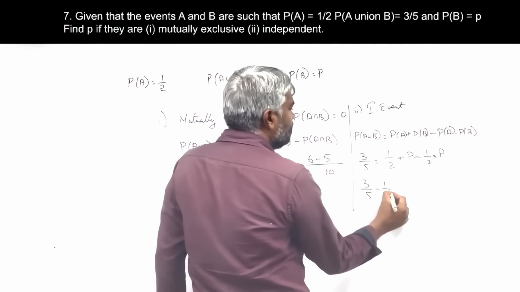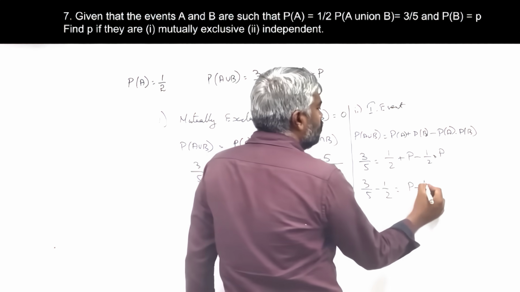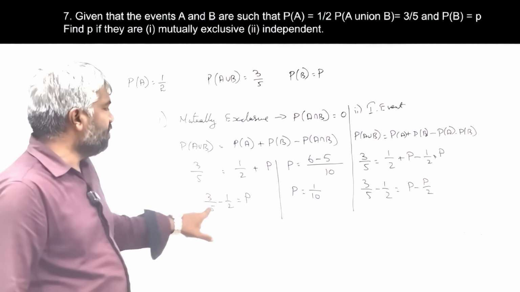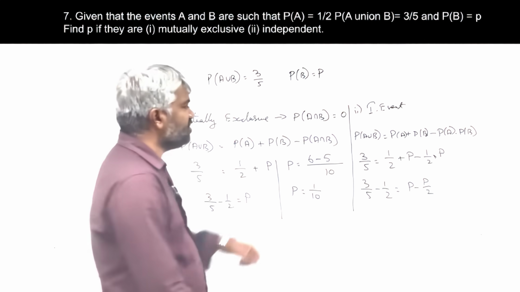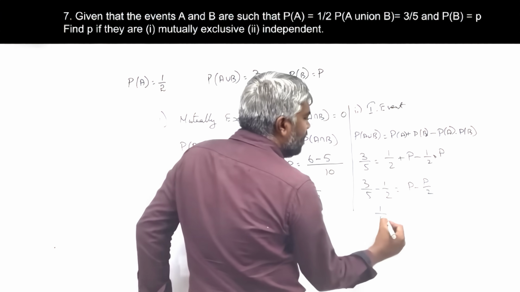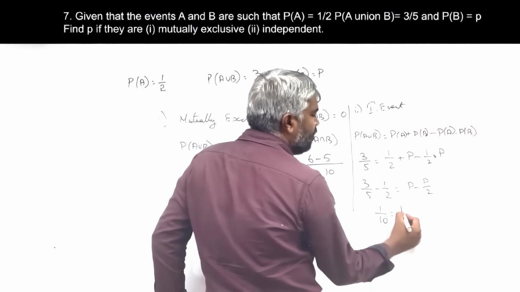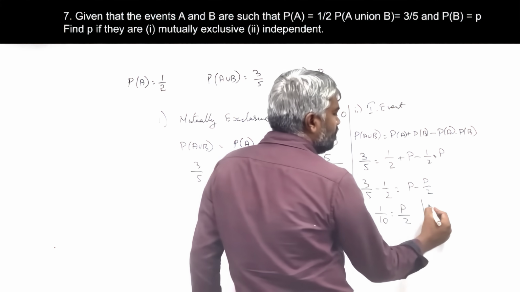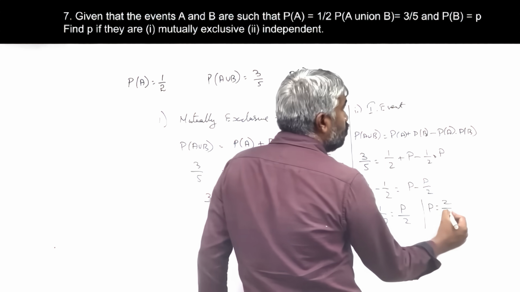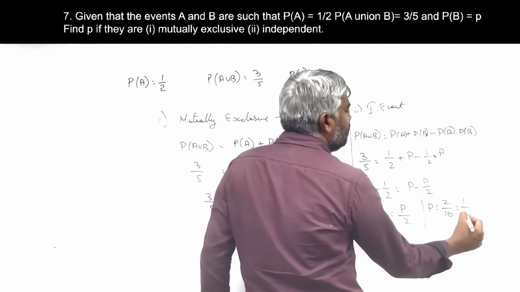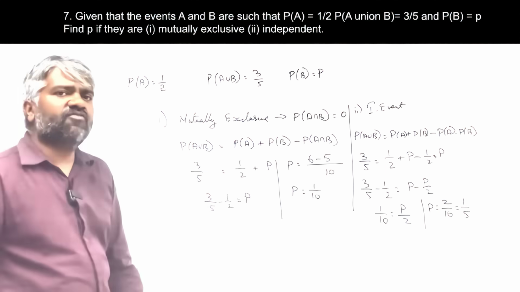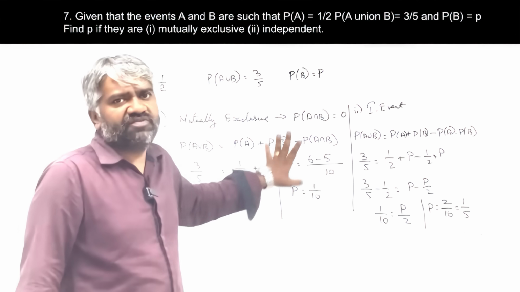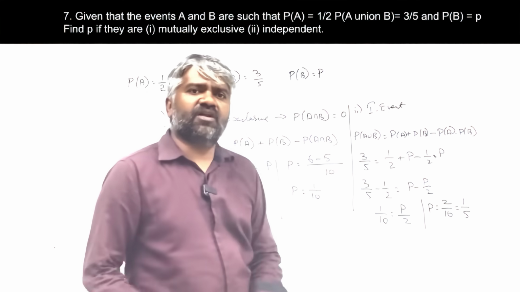So 3 by 5 minus 1 by 2 equals P minus P by 2. Already we have taken the LCM: 3 by 5 minus 1 by 2 is 1 by 10. So 1 by 10 equals P minus P by 2, which is P by 2. Just cross multiply, you will get P equal to 2 by 10, which is 1 by 5. So this is the value of P in two different cases. The first case is mutually exclusive events, whereas the second case is independent events.